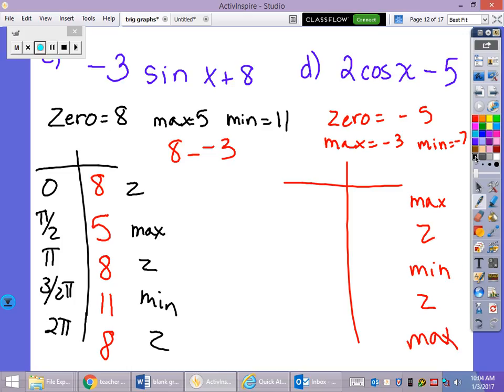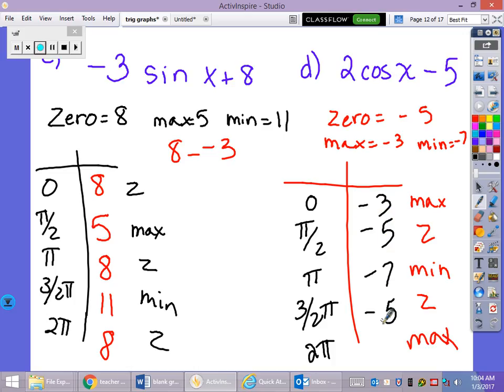There is no phase shift, so 0, pi over 2, pi, 3 halves pi, and then 2 pi. Okay, and I get -3, -5, -7, -5, -3. Everyone okay with that?